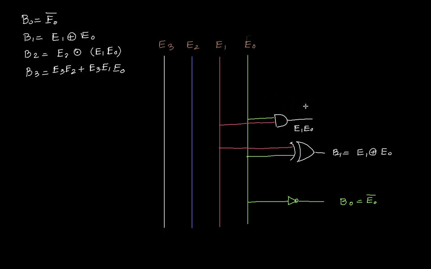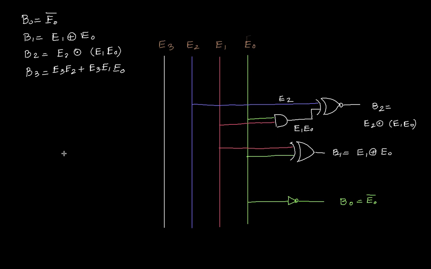Now the output of this AND gate is XNORed with E2, so take E2 over here. It is an XOR gate and a NOT gate, so B2 is E2 XNOR E1 E naught.